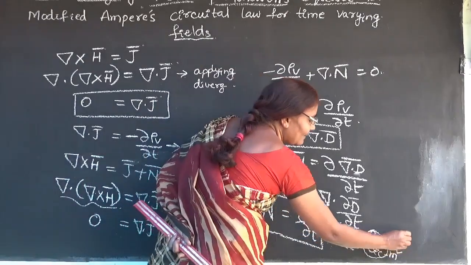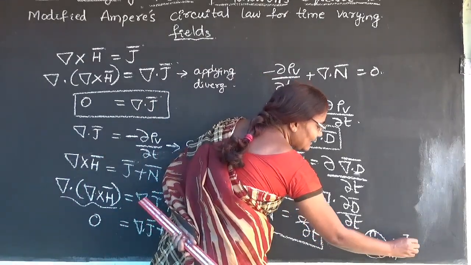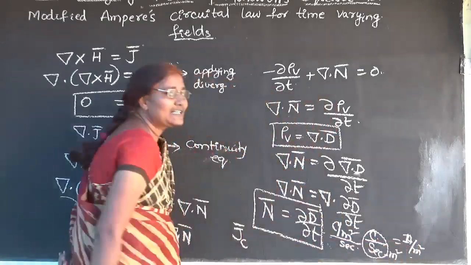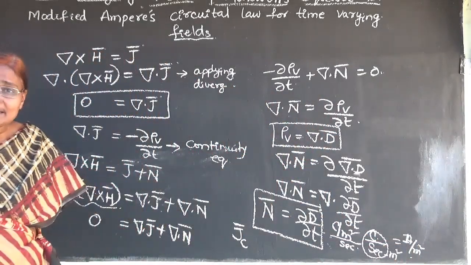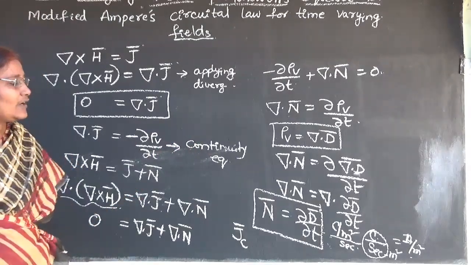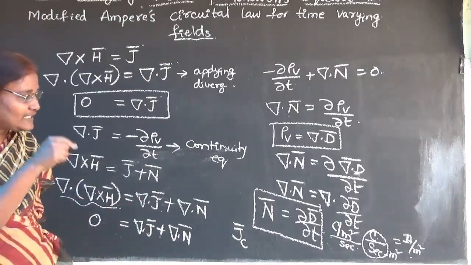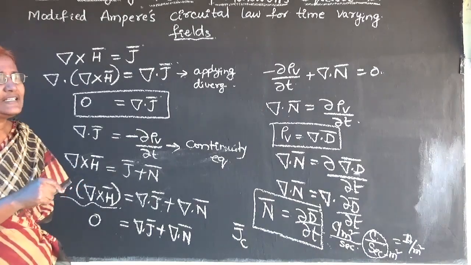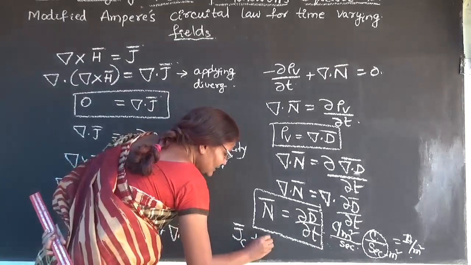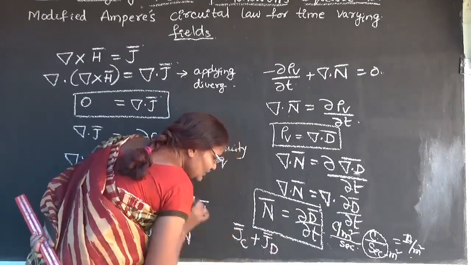So this will become current I, or ampere per meter square. What is this ampere per meter square? Which is nothing but a current density of a different type. And this current density is called displacement current density. It is represented as JD bar.